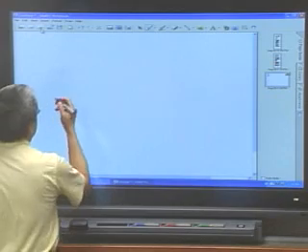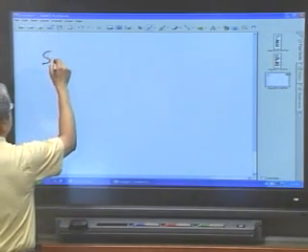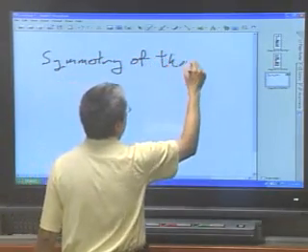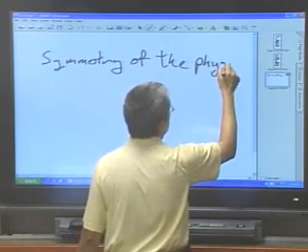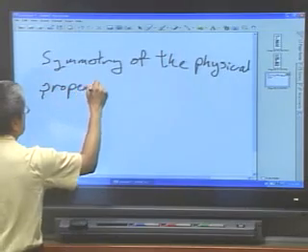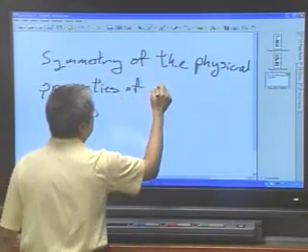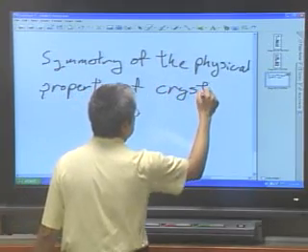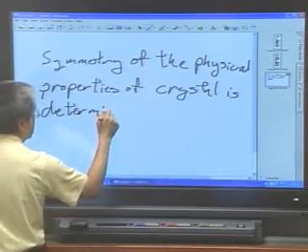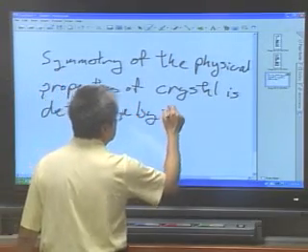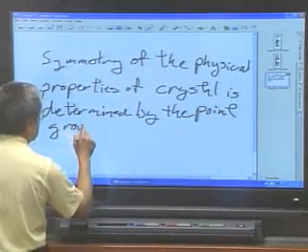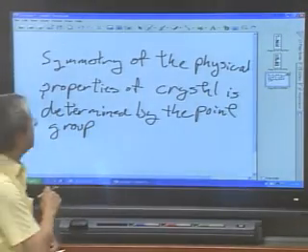So the rule, so to speak, is that the symmetry of the physical property of a crystal is determined by the point group. And that's why we need to know the point group.